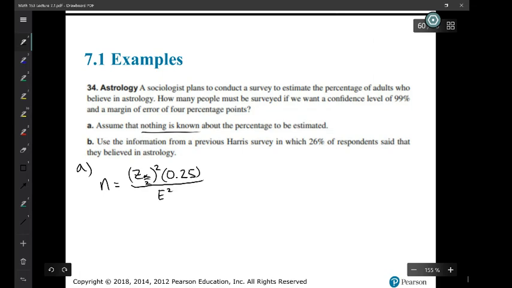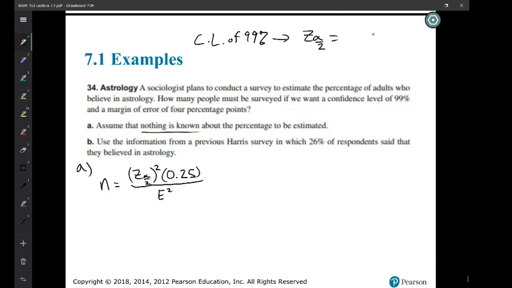All right. So a confidence level of 99% corresponds to a critical value of, well, you can look that up with your calculator or from your notes, but recall that it's 2.5758.